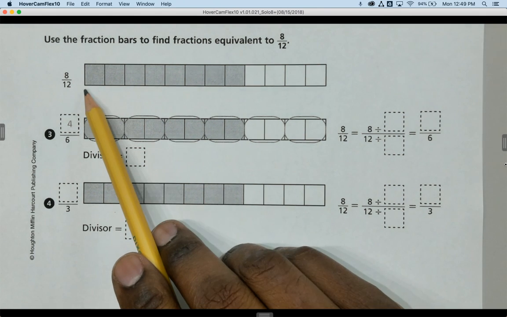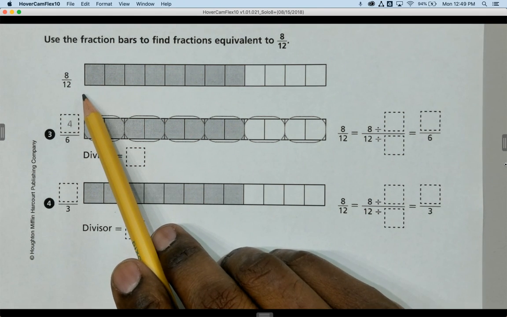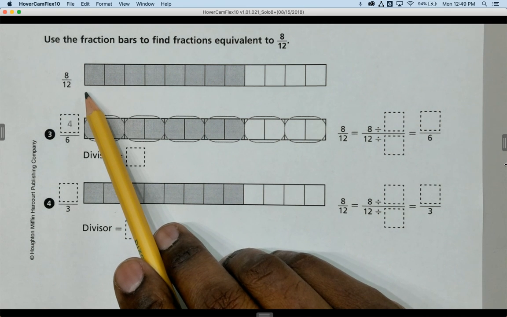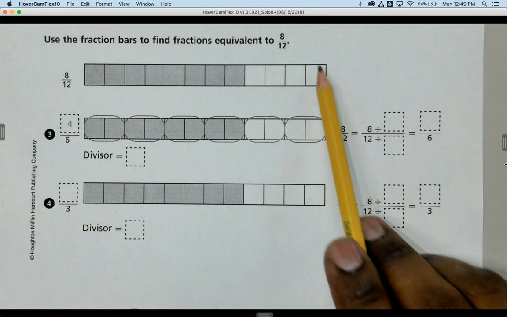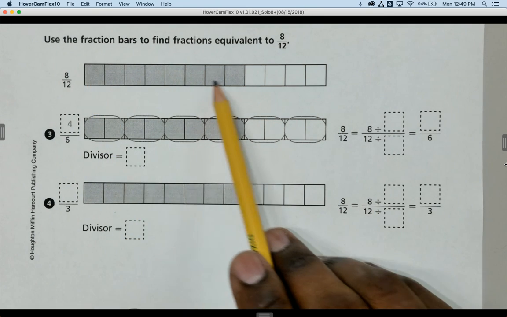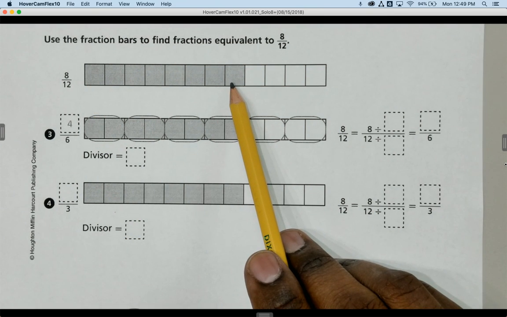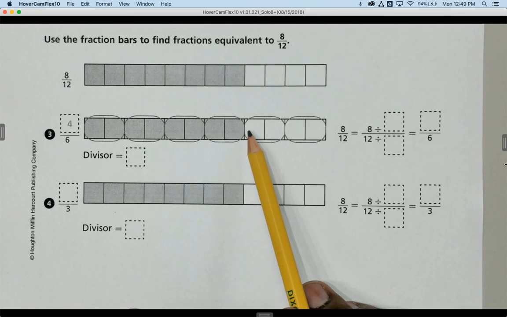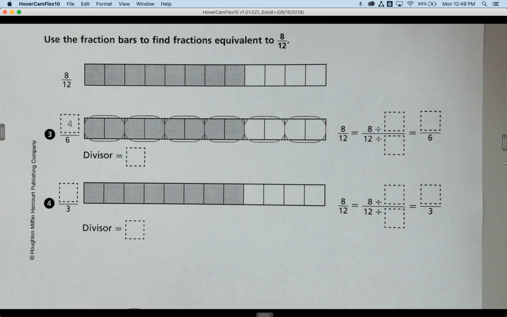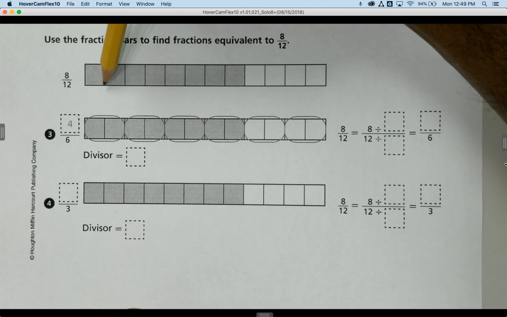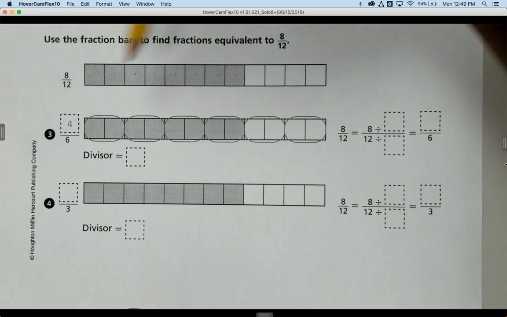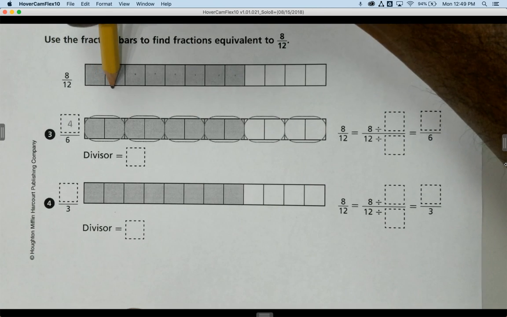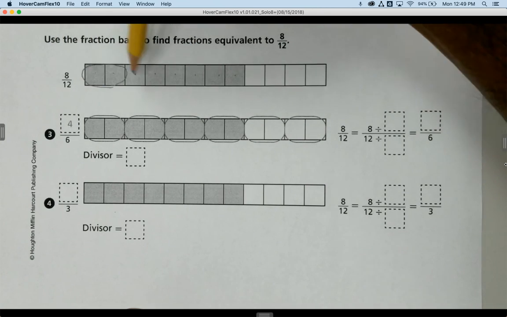All right, the original model of this fraction is showing 8/12. Clearly the whole has been divided into 12 equal parts. 8 of them have been shaded. Let's say, for the purpose of question 3, we were to take each of these 12ths and group them into 2 parts.